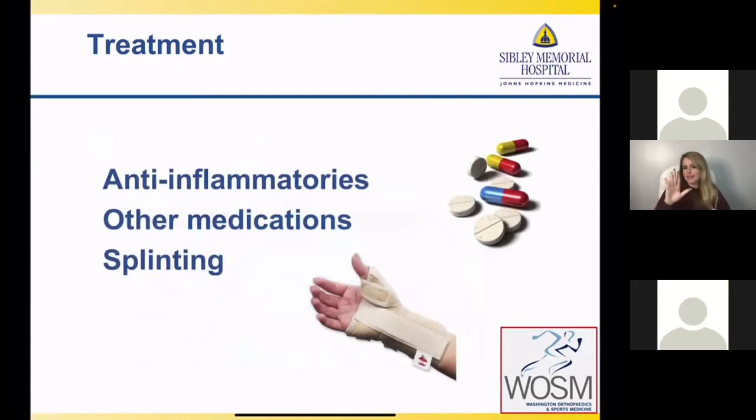Anti-inflammatory medications, Aleve, Motrin, Advil, ibuprofen, and there's a whole slew of them that we prescribe, can help with the symptoms of arthritis, but they don't prevent the progression of arthritis.